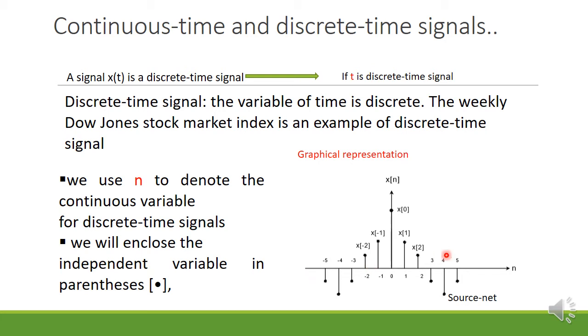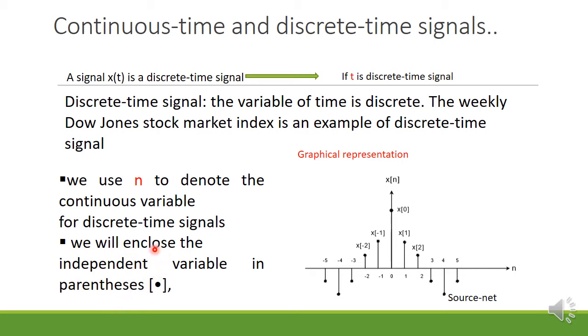Here in the continuous time signal we take t and it is x of t, whereas in the discrete time signal this is n and this is x of n. If you are confused by the earlier statement, you can delete it and start from this, then it is very easy to understand.